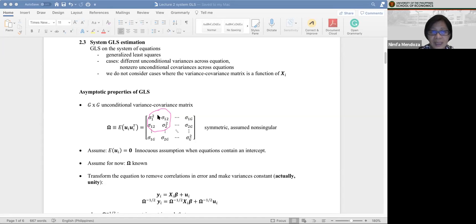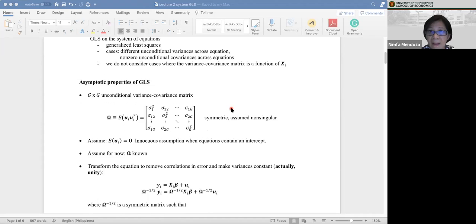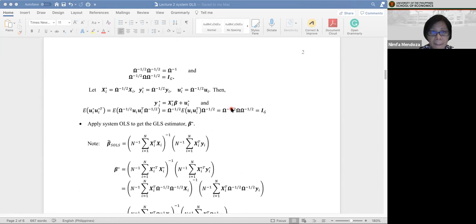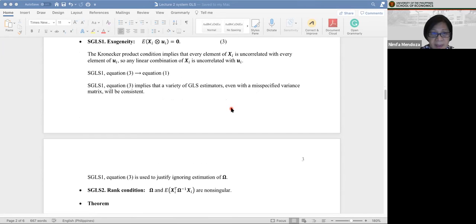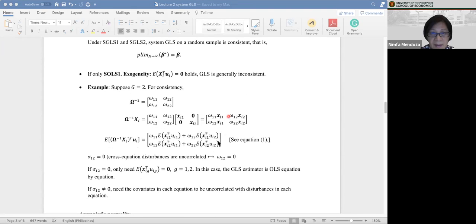So we just have a diagonal matrix, as here in the example.